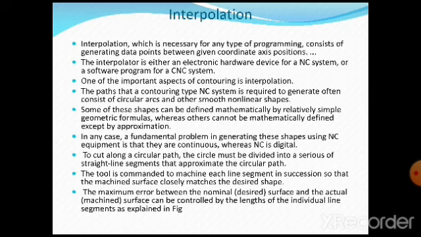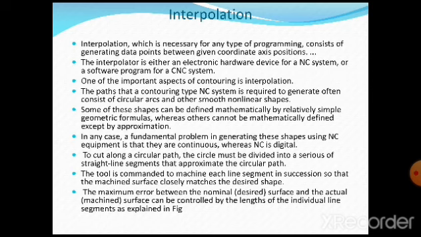Suppose I want to cut a circular shape on a workpiece by using the continuous contouring method. Then I have to see that the circumference of that circle is divided into very, very small straight line segments. So though we want to cut a circular hole on a workpiece, we are required to divide the circumference of that circle into very small line segments, fractions of millimeters.